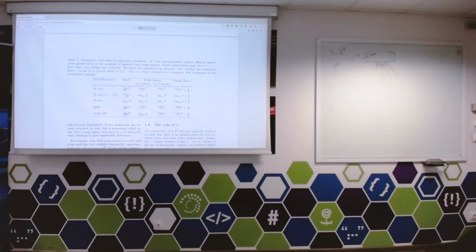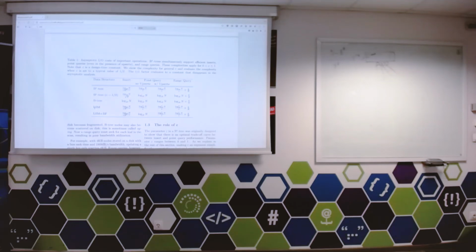Yeah, so they show the complexities of operations. So if you have a B epsilon tree, this is how the complexity looks like of inserts, range queries, point queries, and so on. In particular, in the case of epsilon equals half, and with the B tree, the asymptotic complexity is the same because it's only a factor of 2 difference in depth.